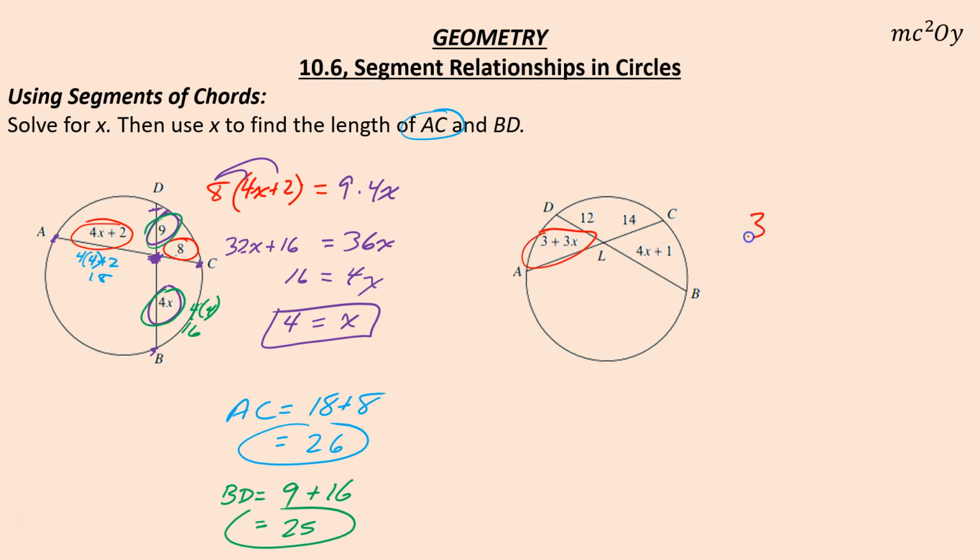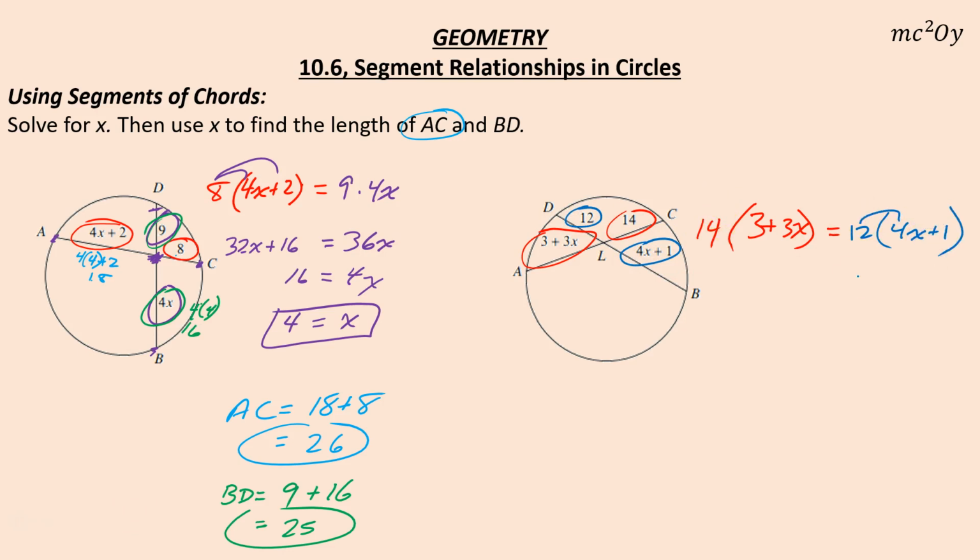3 plus 3x times 14 equals 12 times 4x plus 1.